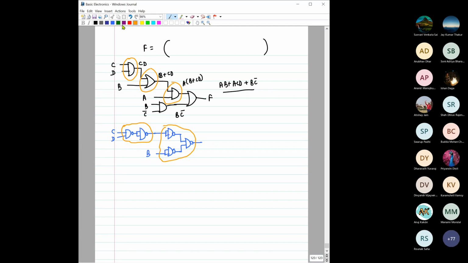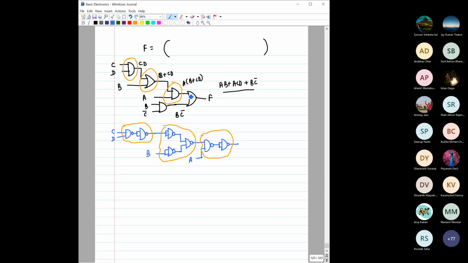Then we have again this NAND gate. For this one, this is A, followed by another NAND, so this is again an AND gate. This is the third gate.